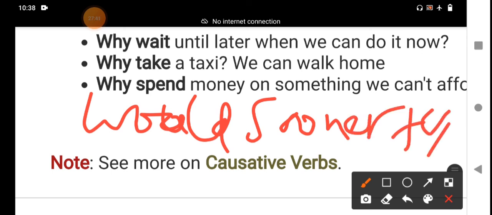Would sooner read a book than watch this film. This is how to figure out or recognize the bare infinitive. These are some of the grammatical rules for using the zero infinitive in English grammar.